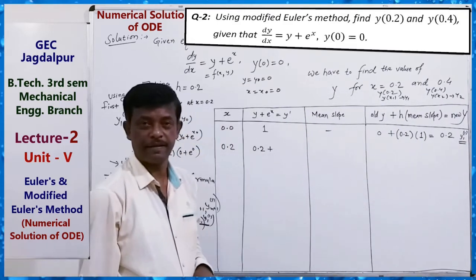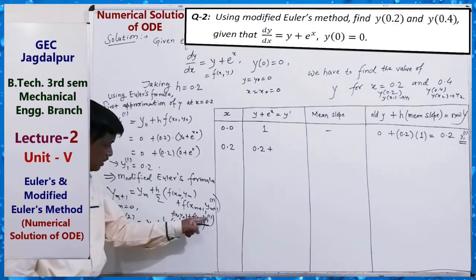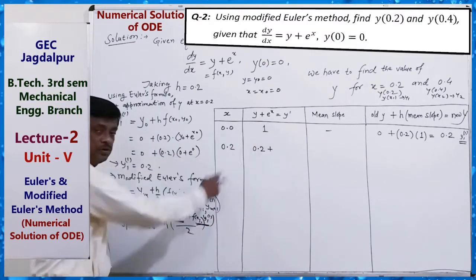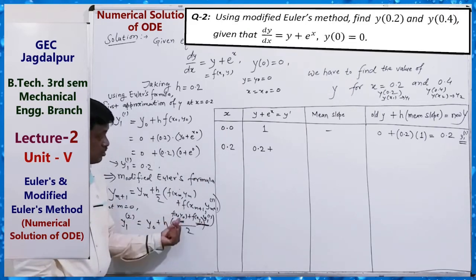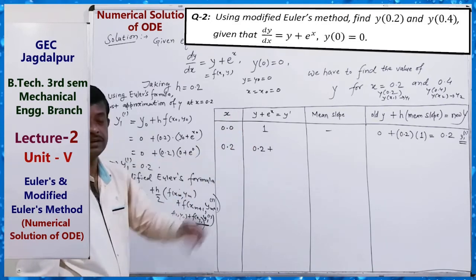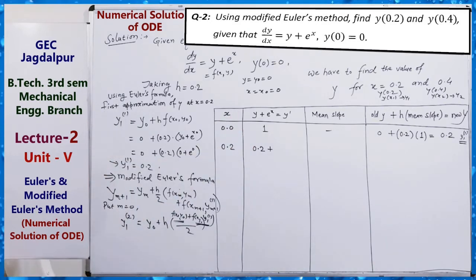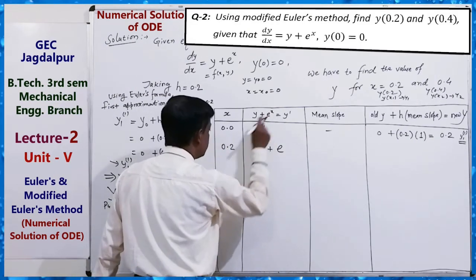Clear? Now this value comes here, the first slope. In this second approximation, the first slope is here. So we can write e to the power 0.2 plus 0.2.